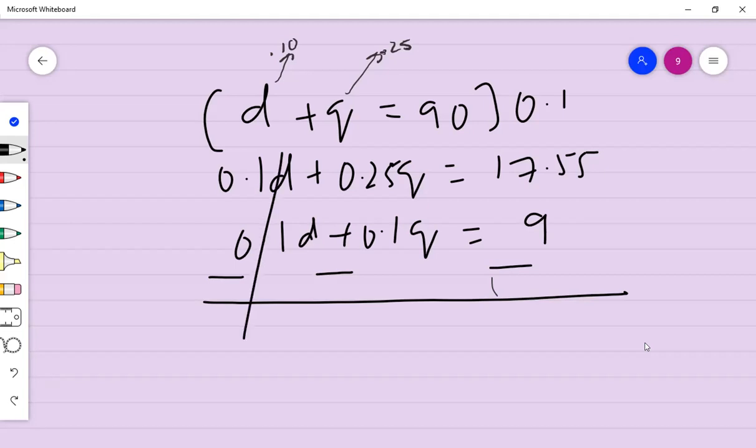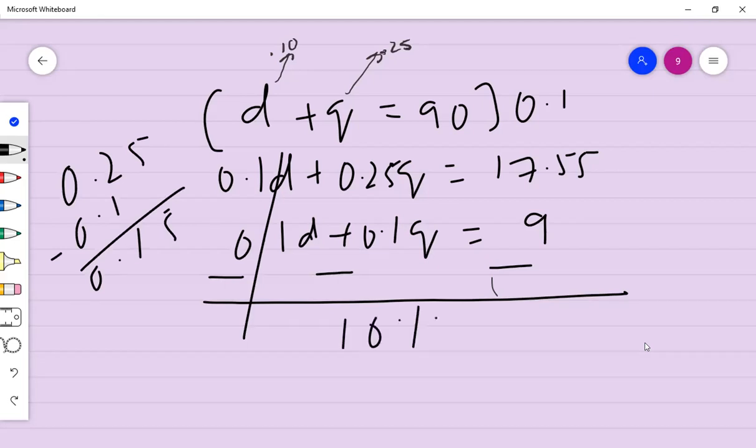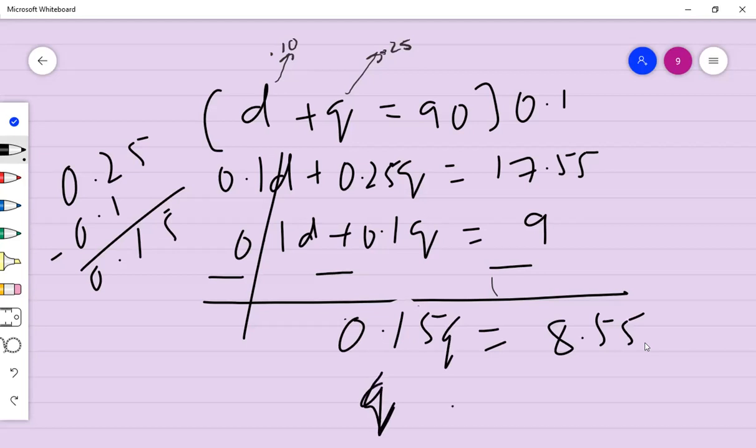And from here, we have 0.25 minus 0.1, so we get 0.15q equals 8.55. And this is q. And then we divide.